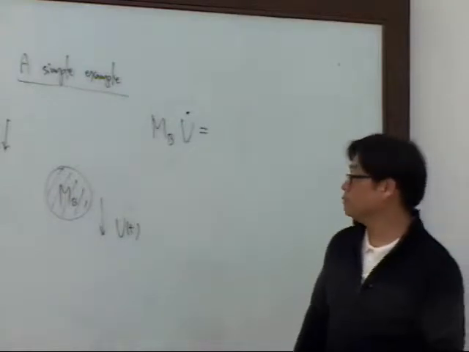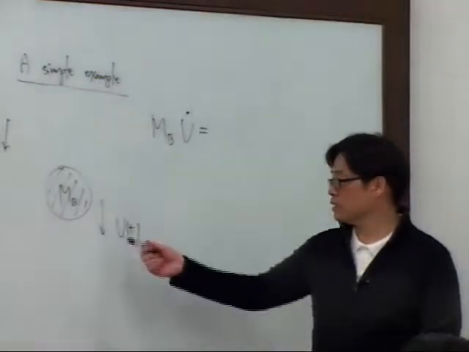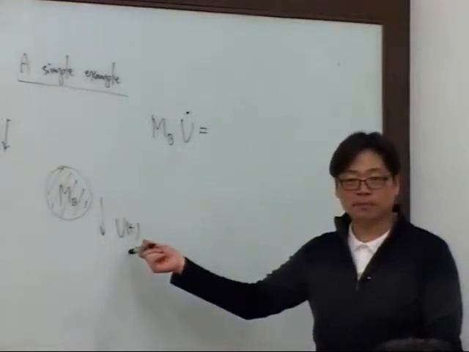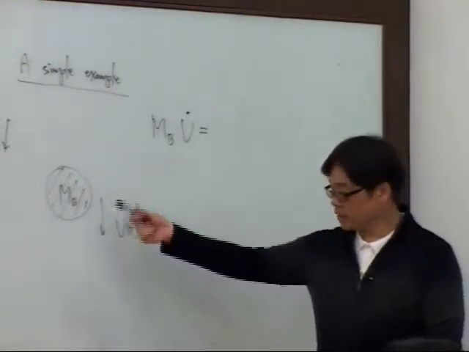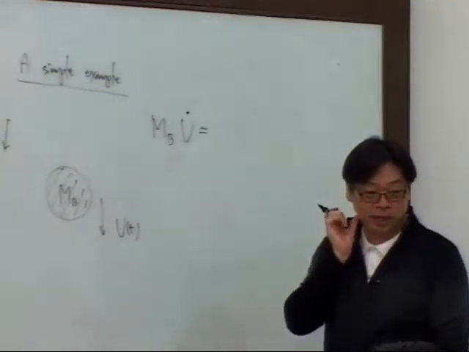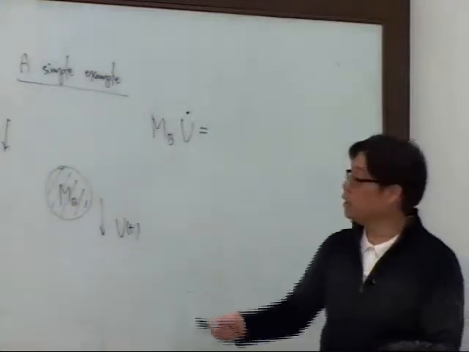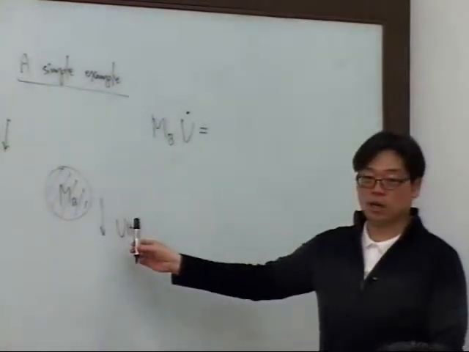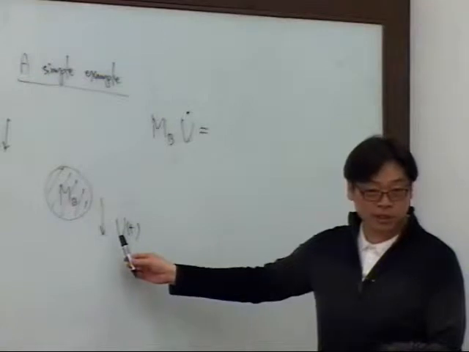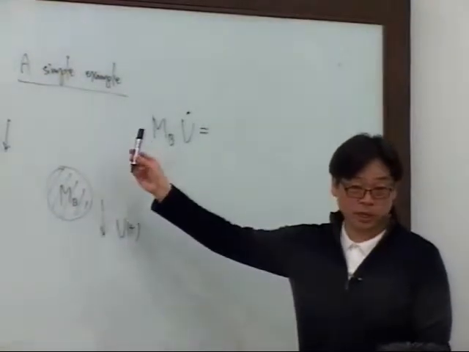So what do we have? First of all, since this guy is accelerating or decelerating, we expect an added mass term, or additional hydrodynamic force, which is acting in the opposite direction. If this guy is falling this way, the hydrodynamic force is acting this way.